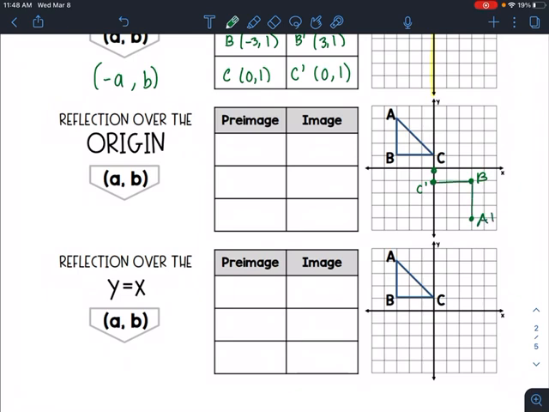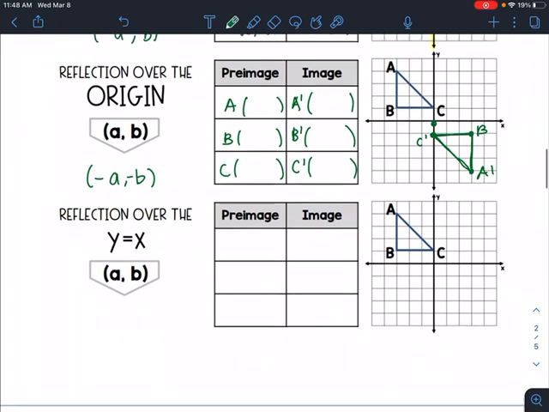So this will be this right here if I am reflecting across the origin point. And again, the rule for this is negative A, negative B. So I'm going to go ahead and fill in my coordinates as well. And I'm actually going to leave you all to finish filling in those coordinates.